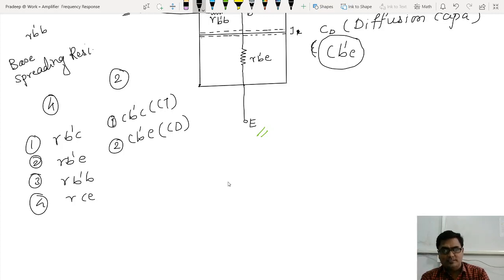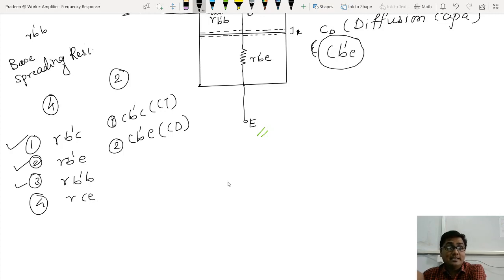Now come towards that base spreading resistor. I hope you understand that RB dash C means a resistance, internal resistor present between virtual base to the collector. RB dash E, that is internal resistance present between virtual base towards the emitter terminal.